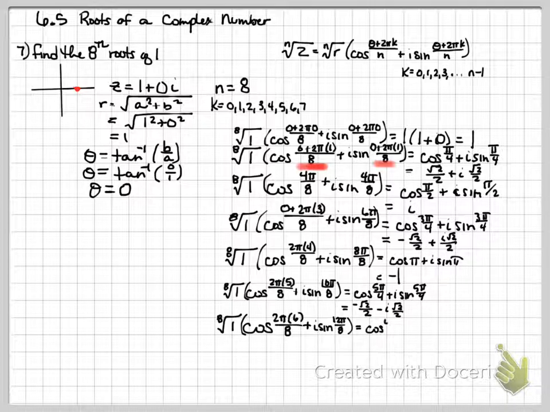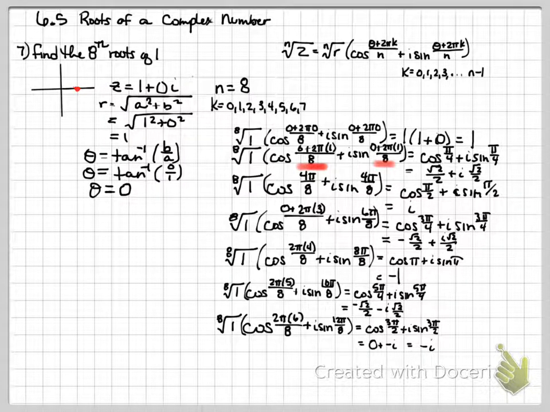So the cosine of 4 pi over 3. No, what am I doing? It's not 4 pi over 3, it's 3 pi over 2. Plus I sine 3 pi over 2. Well, cosine of 3 pi over 2 is 0. Sine of 3 pi over 2 is negative 1, so that just makes that negative I, so my answer is negative I.